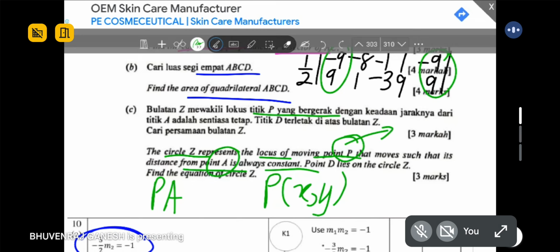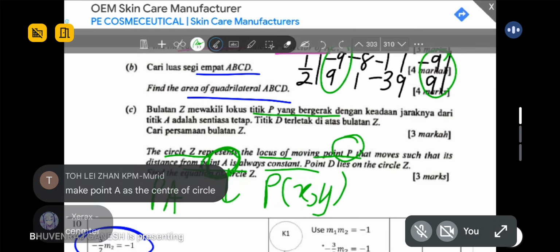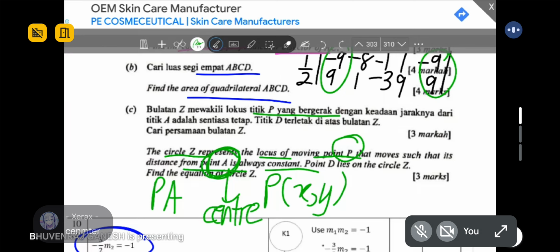If the distance is constant, maksudnya P ni mewakili apa? Sorry. I must not ask P. I must ask you point A. What does point A represent in the circle? Because they say it's always constant. Yes, you make point A become the center of the circle. Very good. Betul.